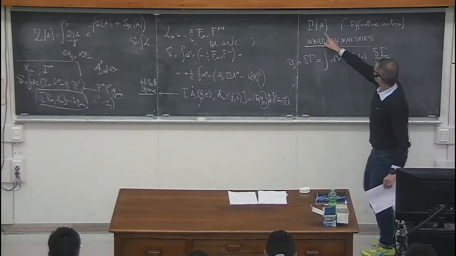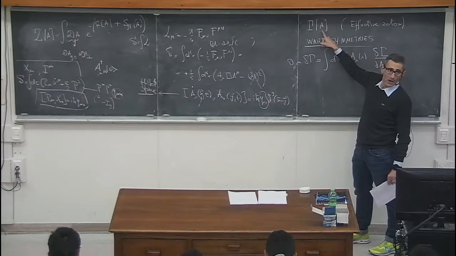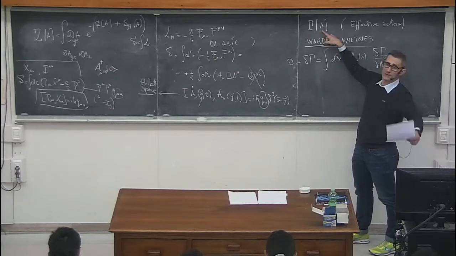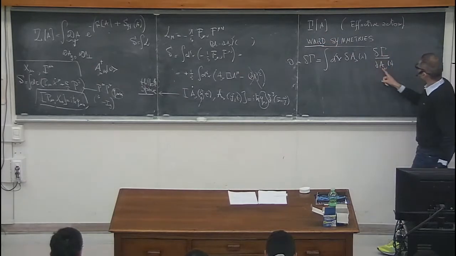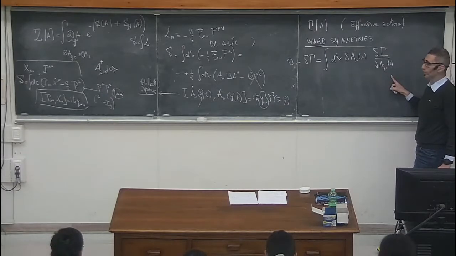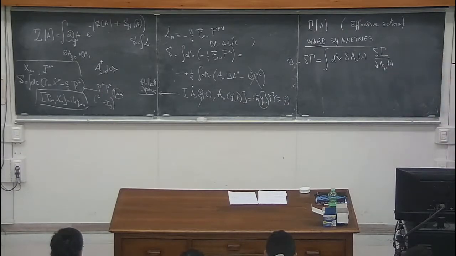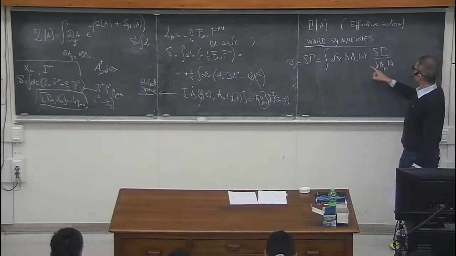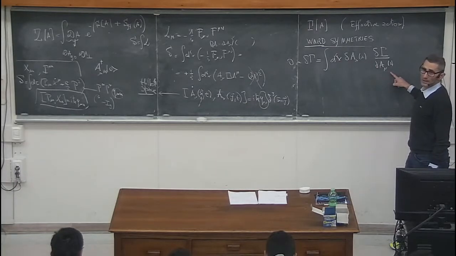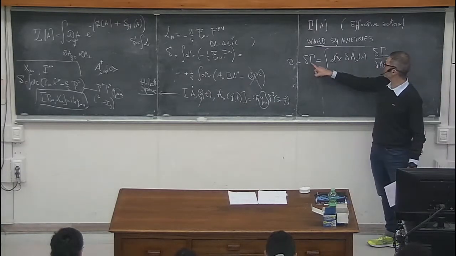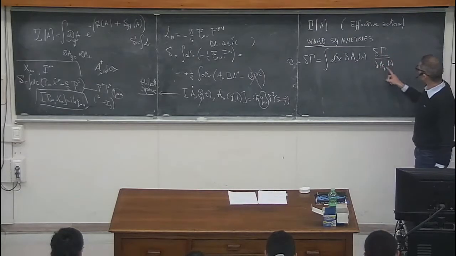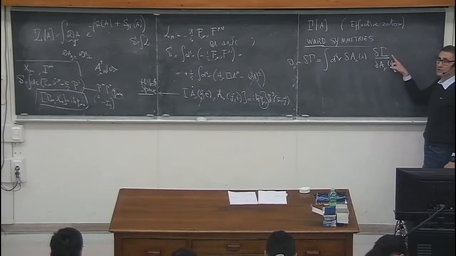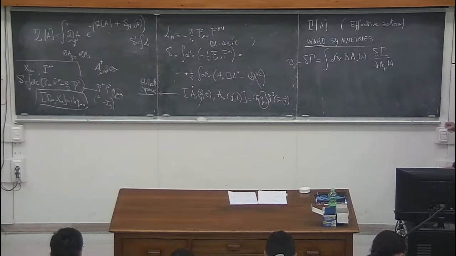You see, this object here is just a functional of the gauge fields or other fields of your theory, and then this is just a functional derivative of this with respect to those fields, okay? And then this is just the chain rule, okay? So you're just performing a variation of this action just by changing the fields on which this action depends, okay?